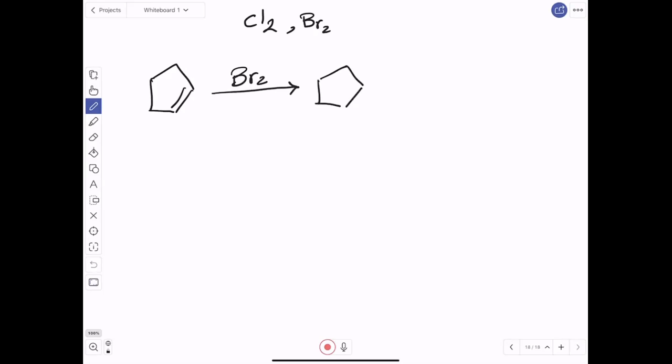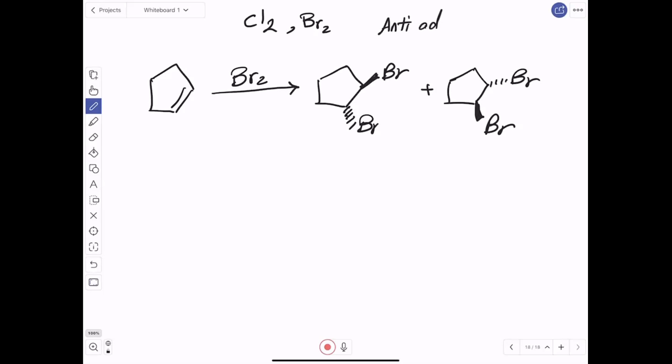For example, if it's a ring, we get the trans product in this case. Halogenation is anti-addition. There is no rearrangement.